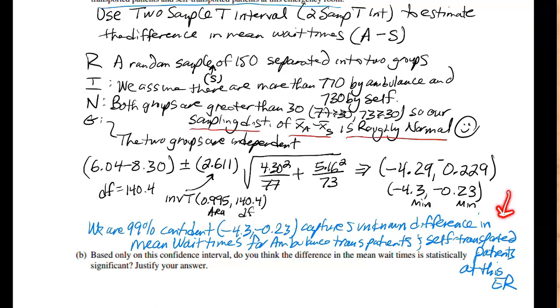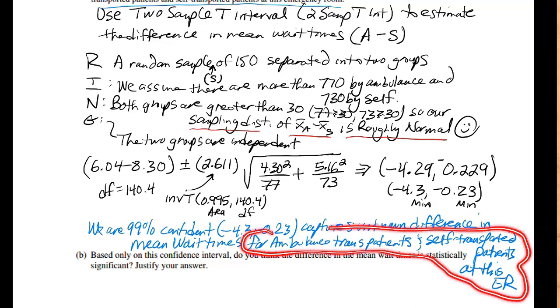A lot of times in the interpretation, they mention something like forgetting to mention unknown or the population difference in means. Or more commonly here, they would say something like mean wait times for people who were transported, past tense, and that would knock you down a level because we're looking for the unknown population difference in means, not the known sample difference in means.